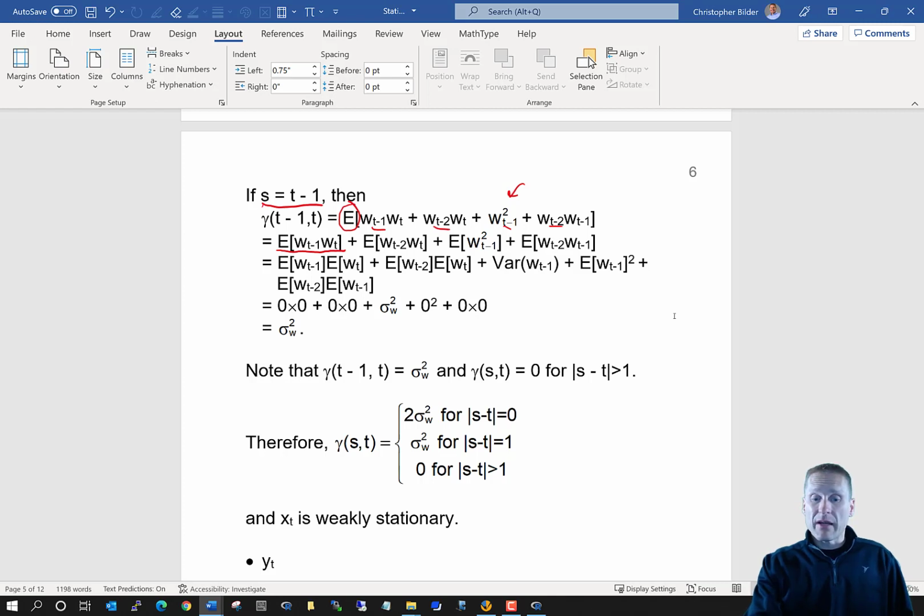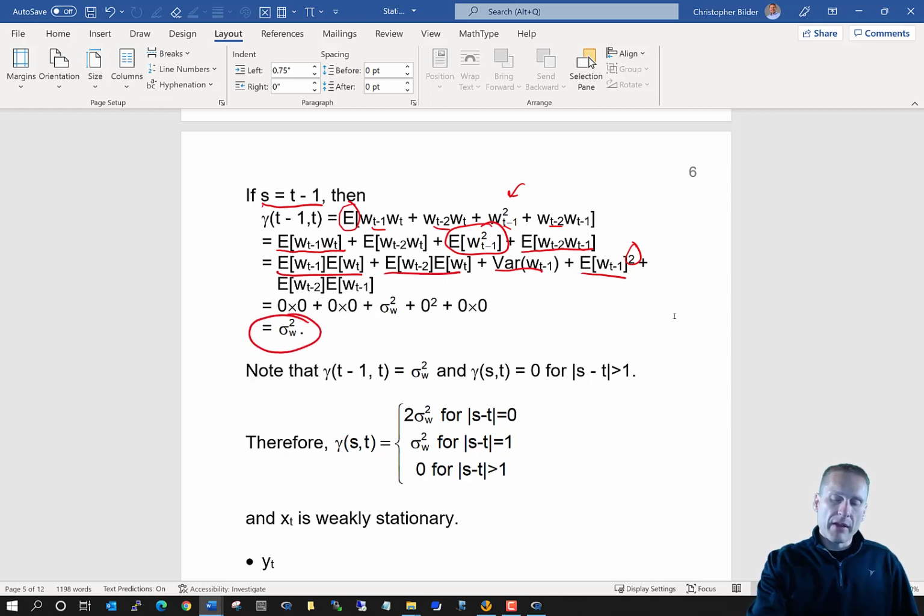Each of the individual expectations, though, are 0. So this becomes 0, this becomes 0. This expected value of w_{t-1} squared becomes a variance plus an expected value squared. And then again, I can bring the expectation through that product.